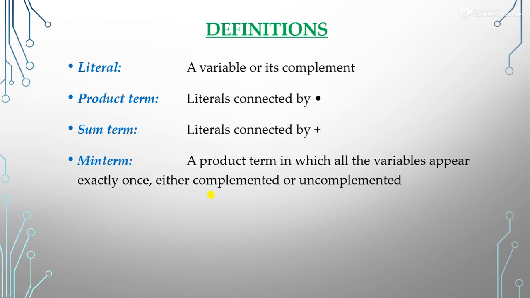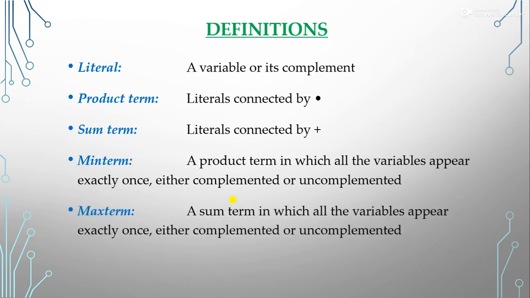These are called min terms, which are product terms. Now the max terms are sum terms in which all the variables appear exactly once, either complemented or uncomplemented. Suppose we use x plus y or x dash plus y dash. These are called the max terms.